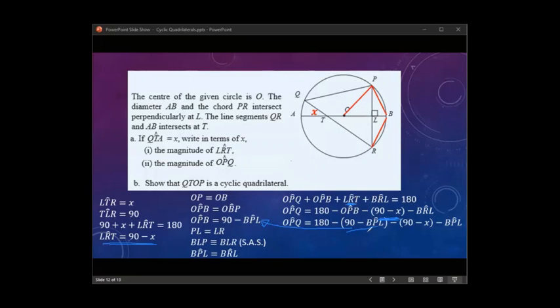That one is also okay now. So if you simplify the parentheses, you can get something like this, and you can see BPL minus BPL cancels, minus 90 minus 90 is minus 180, and this is plus 180. So this part also cancels out. So you will end up with OPQ is equal to X. Right, I hope you got that.